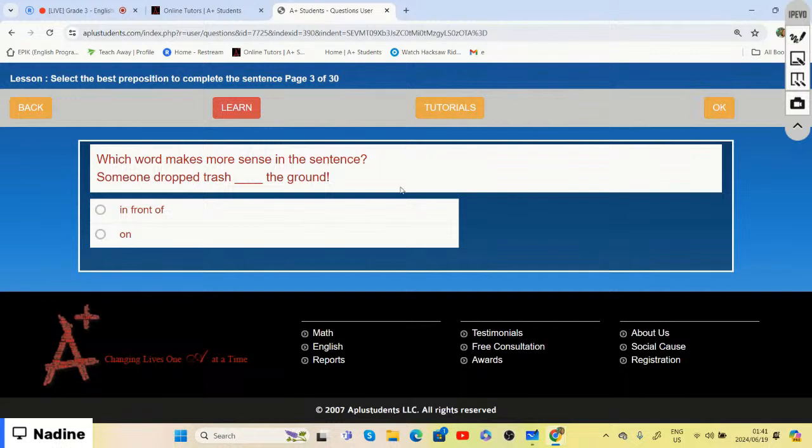Someone dropped trash. Do we say in front of the ground or someone dropped trash on the ground? So where did she drop the trash?